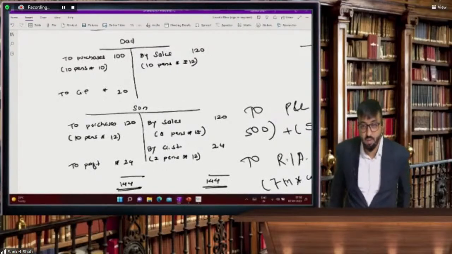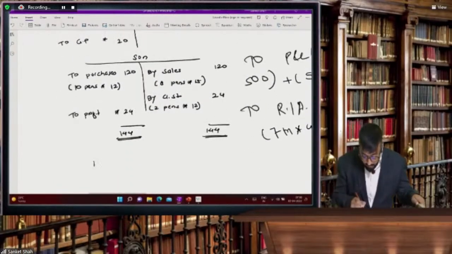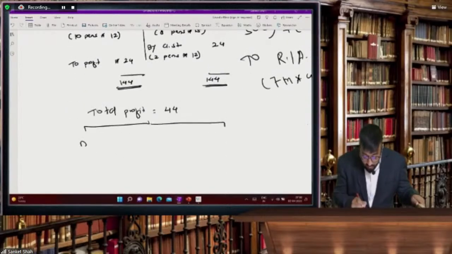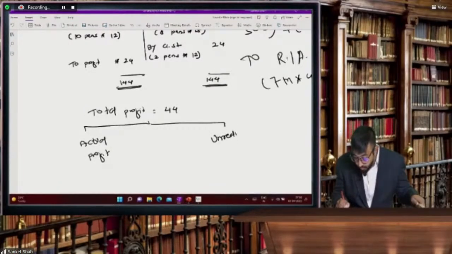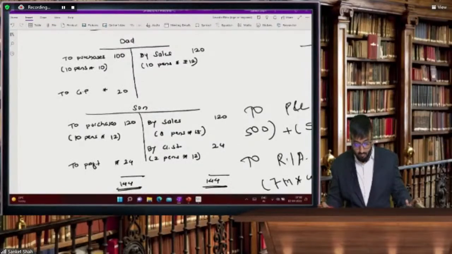Now you have to tell me what is unrealized profit. Yes. So total profit is equal to 44. And in this, what is actual profit and what is unrealized profit? Yes, beta. Tell me. Think properly. You got this concept?